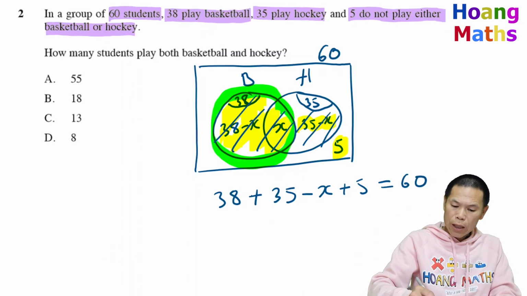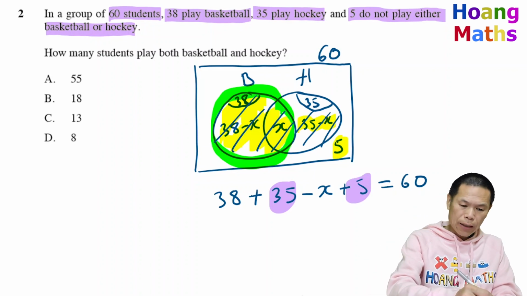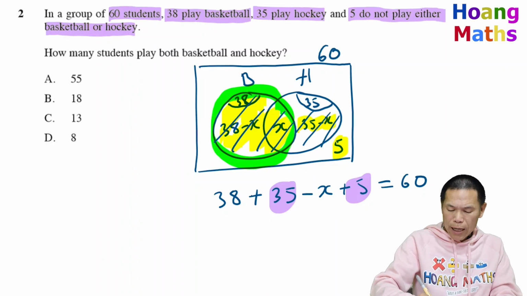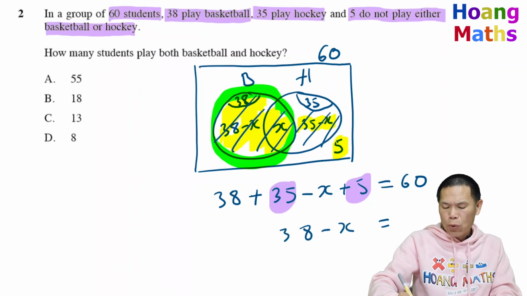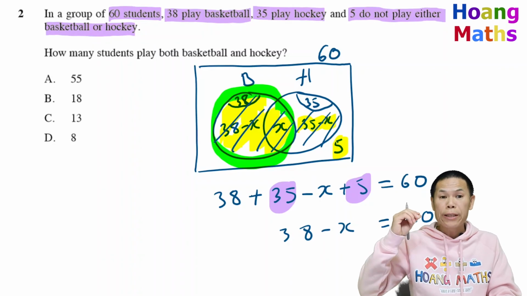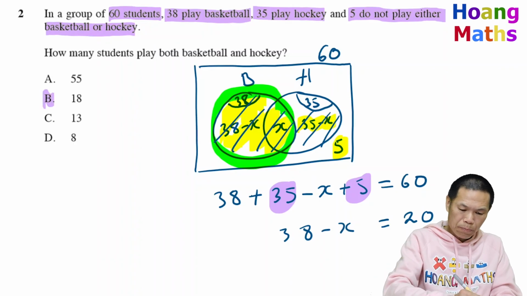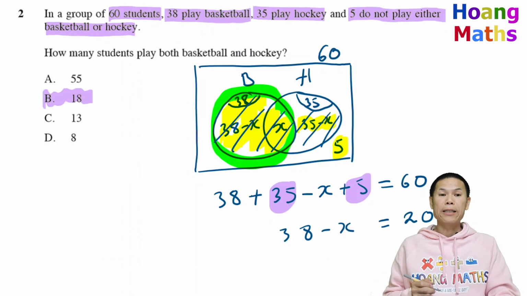We know that 35 plus 5 is 40, correct? And then I just minus 40 on both sides. 38 minus X, if we minus 40, will give me 20. Therefore, X must be equal to 18 because 38 minus 18 gives me 20. So the answer should be B. That is the answer.